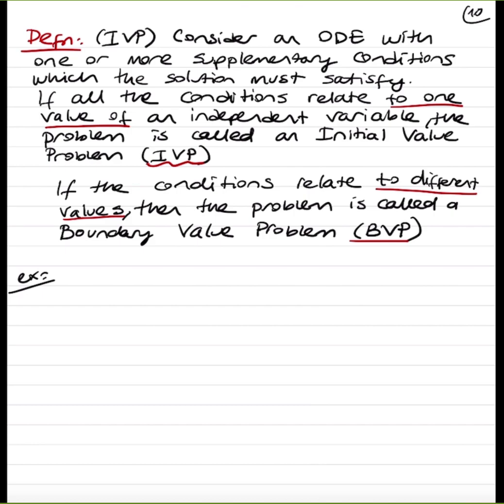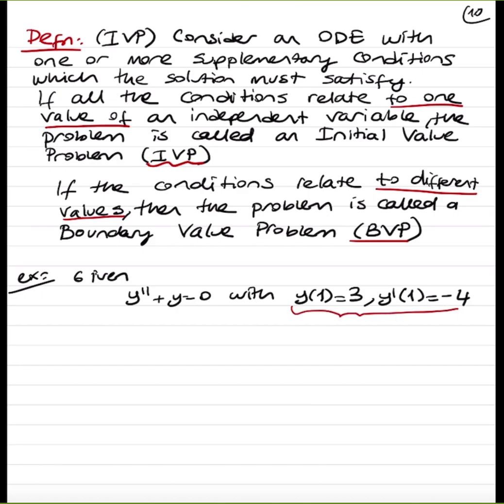We are given a differential equation y double prime plus y is equal to 0 with these conditions: y(1) equal to 3 and y prime (1) equal to minus 4. These are the given conditions.